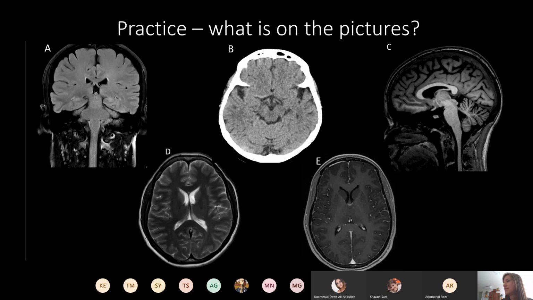What is C? MRI. Yes, and which sequence? Which did you say, T1, T2, or FLAIR?